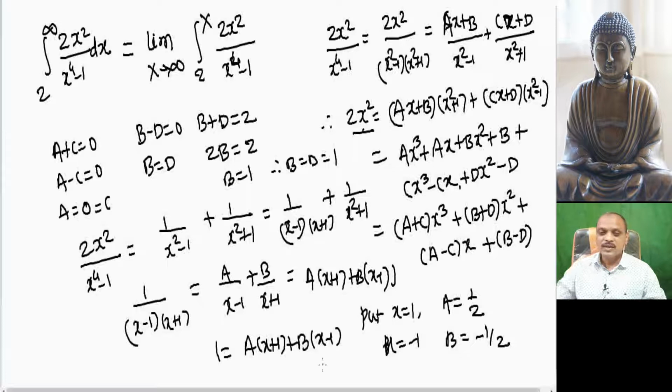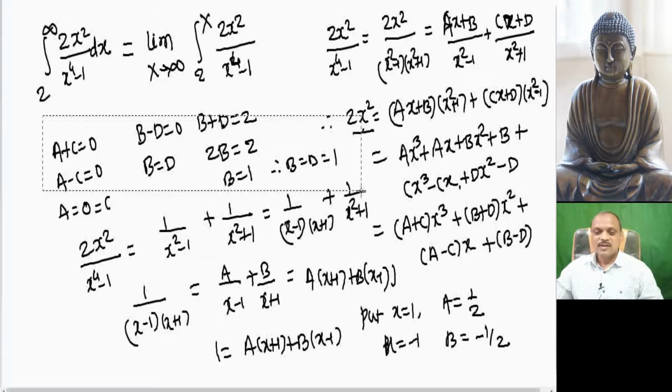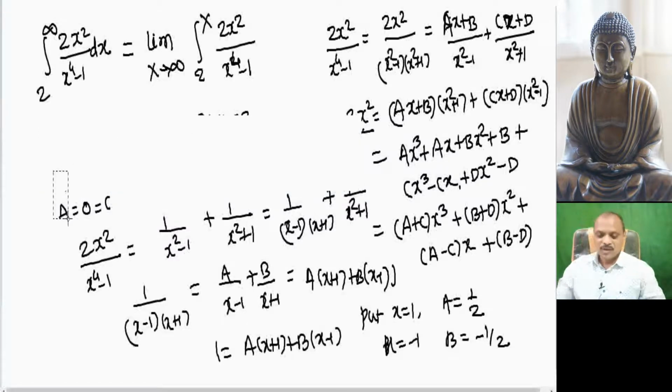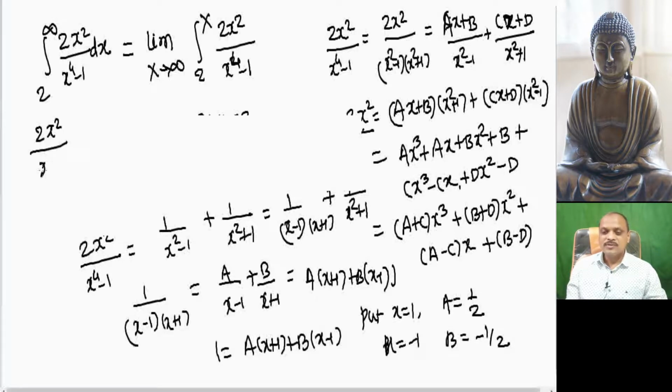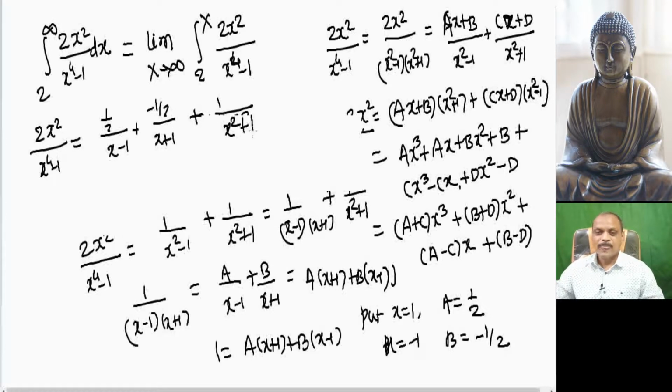Hence, the total term is converted into integrable terms. That is, 2x square divided by x raised to 4 minus 1 becomes 1 by 2 divided by x minus 1 plus minus 1 by 2 divided by x plus 1 plus 1 divided by x square plus 1. Now we can integrate this.